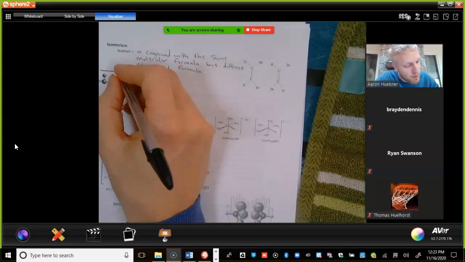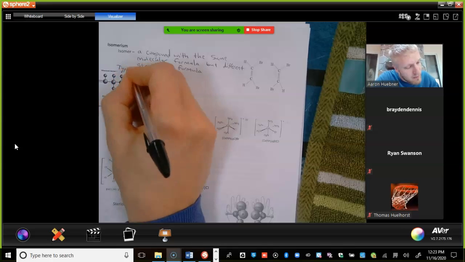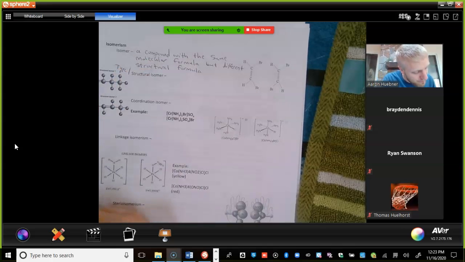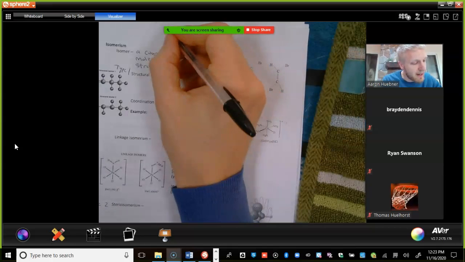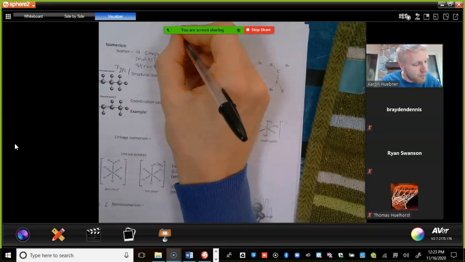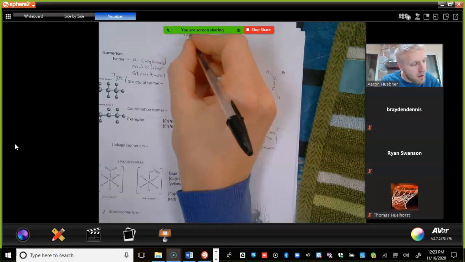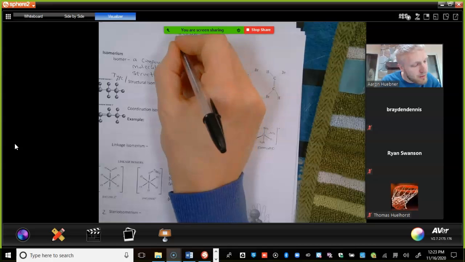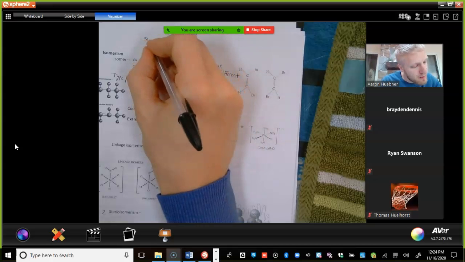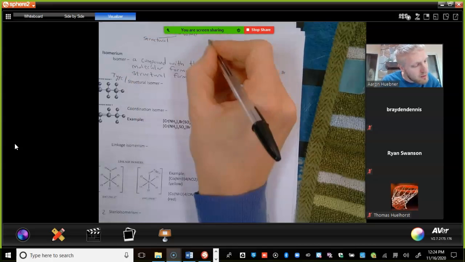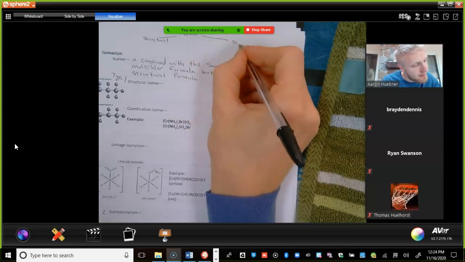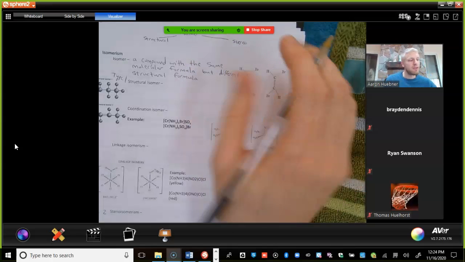So we'll call this type 1, and then we'll call this one type 2. So if we're making a little web diagram, we've got isomer, structural, and stereo. 2 big isomer camps.